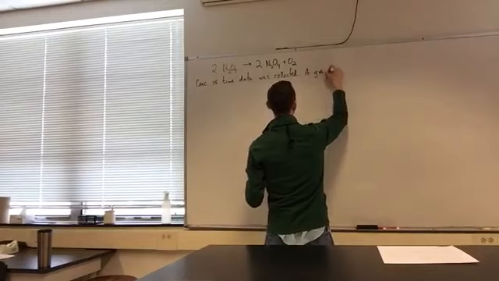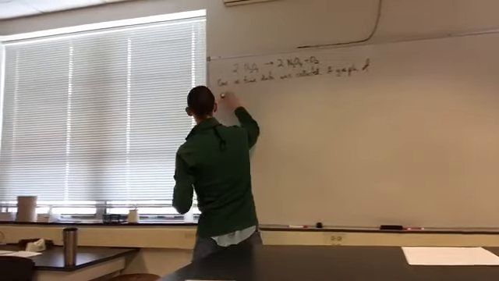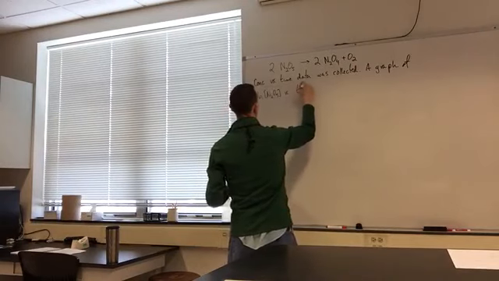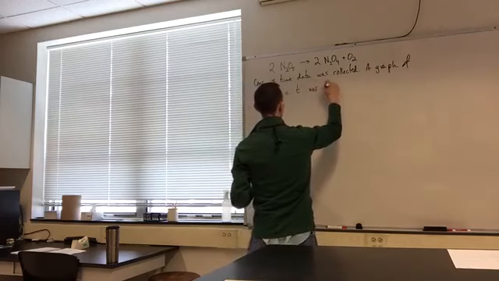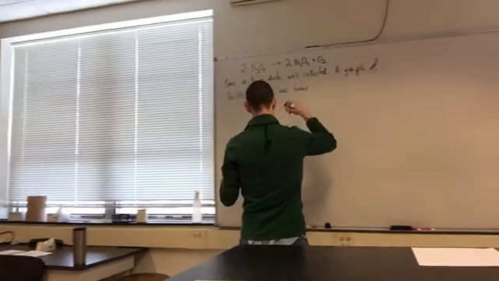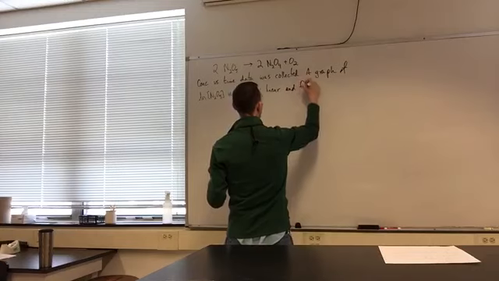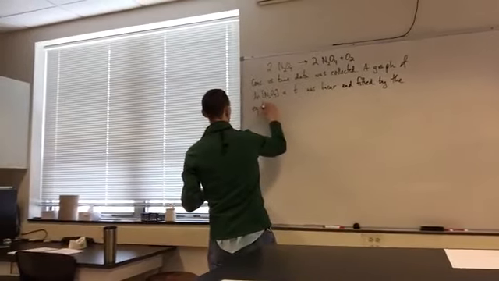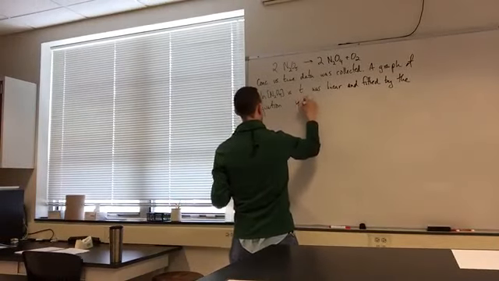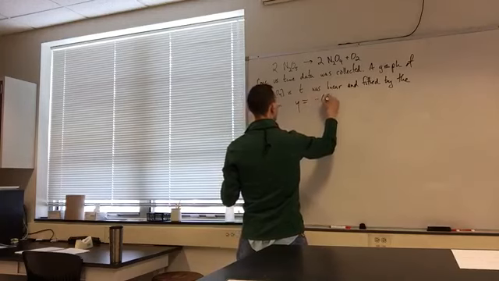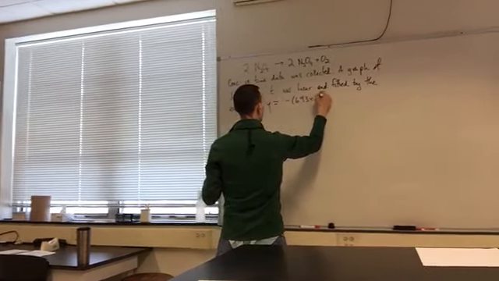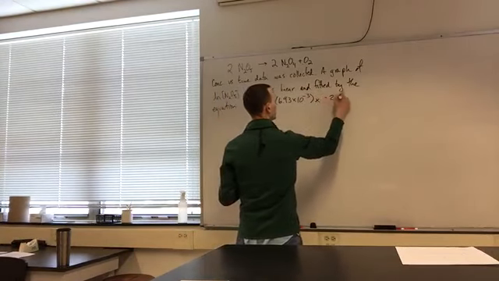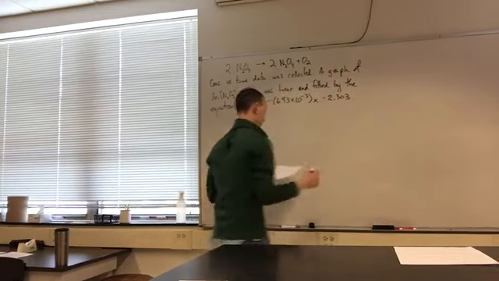A graph of ln of N2O5 versus t was linear and fitted by the equation y equals negative 6.93 times 10 to the negative 3 x minus 2.303.